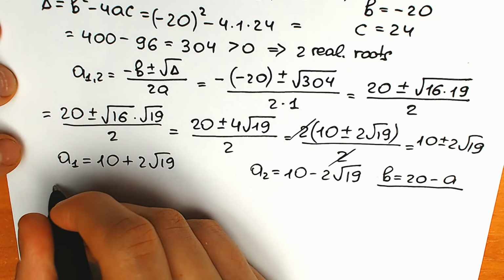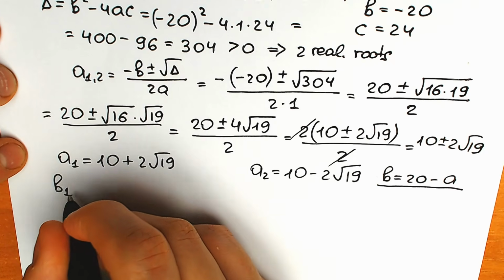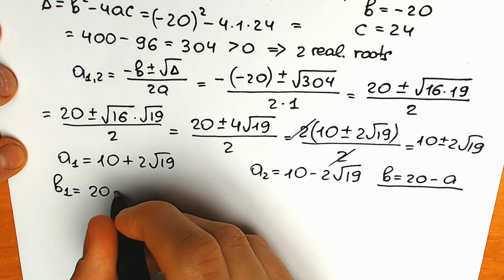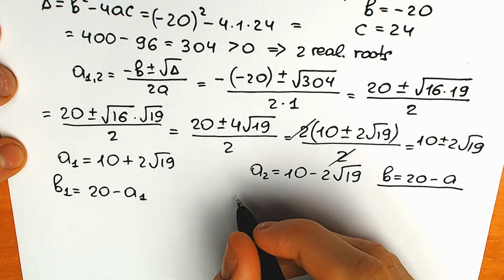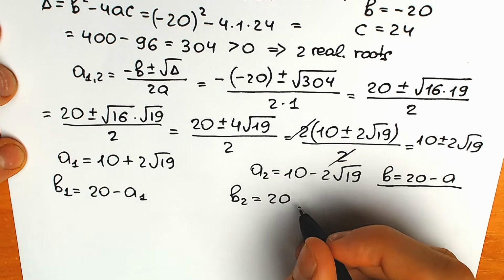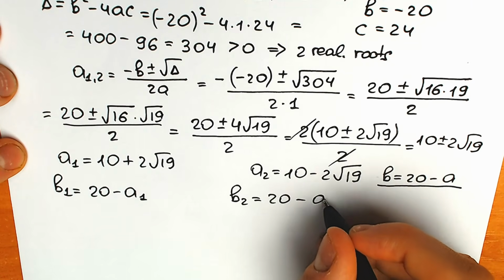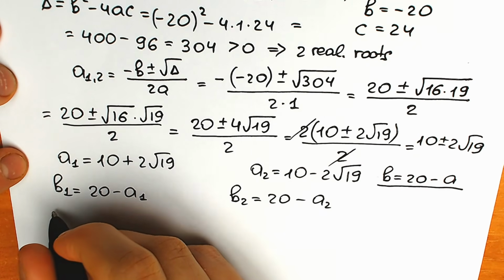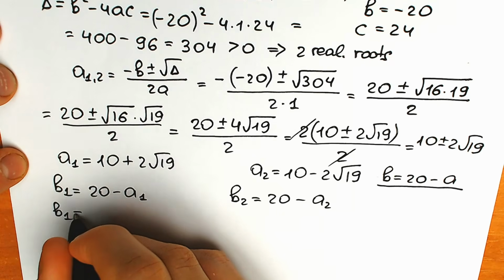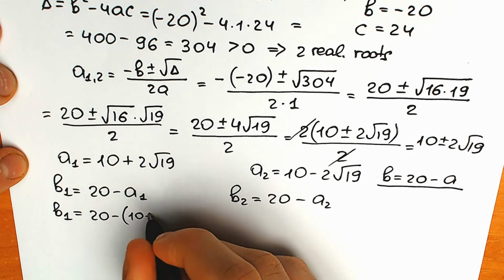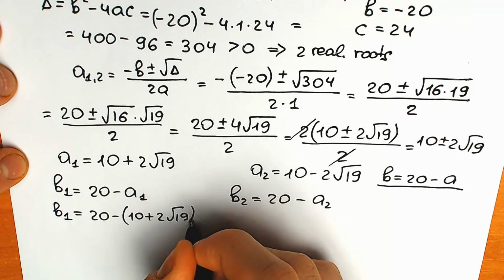So let's start, for example, with b first equals 20 minus a first, and the same thing right here, b second equals 20 minus a second. Okay, right now let's plug it in. We have b first equals 20 minus a first, 10 plus 2 square root of 19.